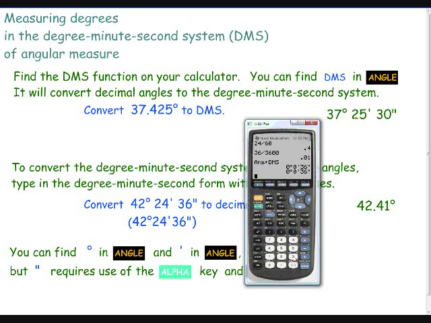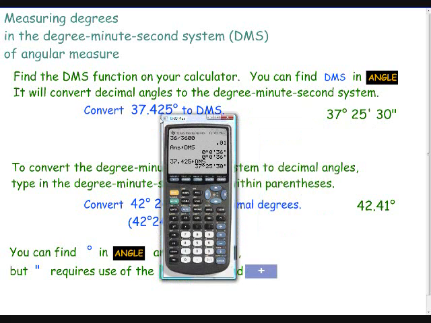First we type in the decimal version, then we go second function to get to angle, go down to number 4, select that, and hit enter, and we get just what we expected.